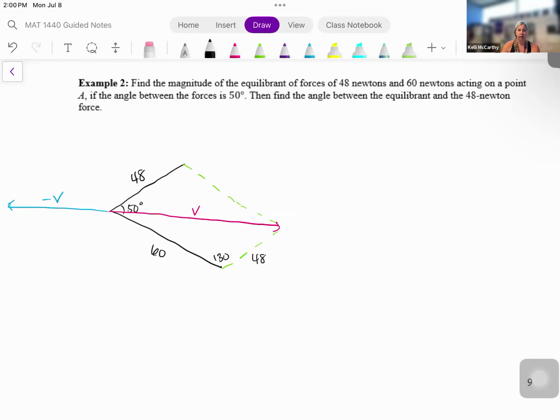So now I can solve this bottom triangle for the magnitude of the resultant, which is equal to the magnitude of the equilibrant. So V squared, my resultant squared, is 60 squared plus 48 squared minus 2 times 60 times 48 times cosine of 130 degrees.